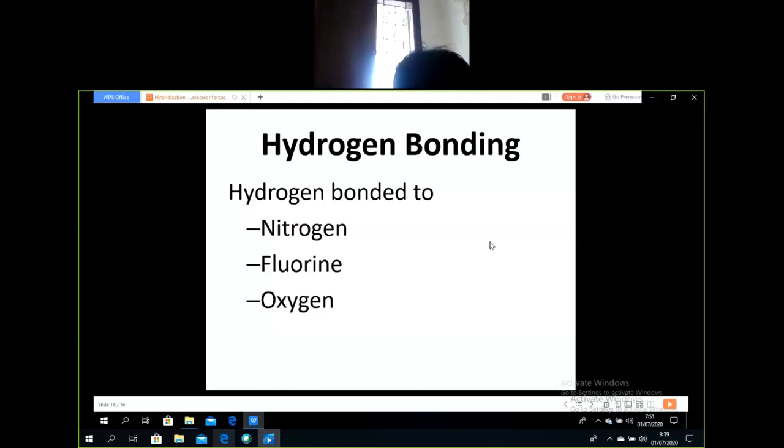It is polar. It can dissolve in water. Fluorine, HF, hydrogen fluoride. It is also hydrogen bonding. It dissolves in water. The last is oxygen. When hydrogen is bonded to oxygen, it is water itself.